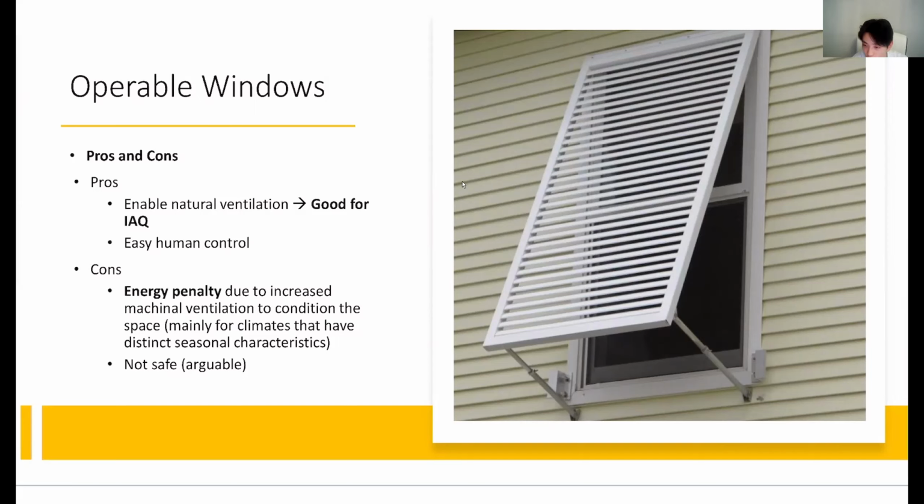And it's good for the indoor air quality because it drives more air into the space, more air changes per hour, and it has a relatively easy human control, because whenever you feel hot and want to open the window, you can always do that, right? But the con side, or the disadvantages of having operable windows, is that especially during extreme weather, when the outside is either too hot or too cold, when you open the window, that cold air or hot air is going to get into our space, and it's going to demand our HVAC equipment to do more heating or cooling, right?